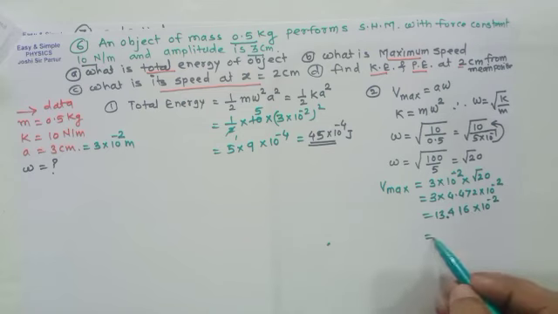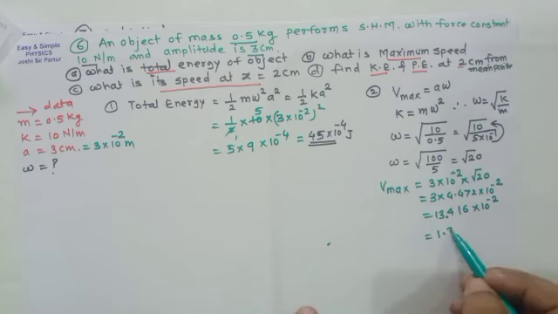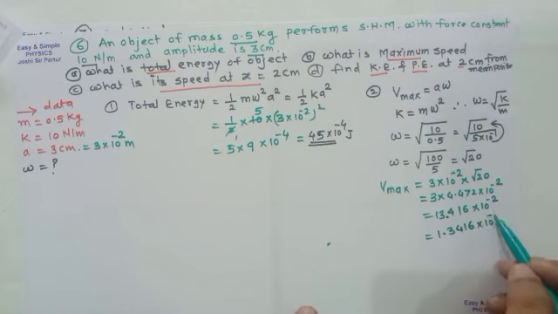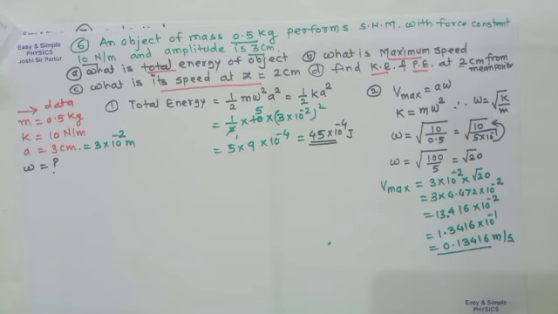So it will be 1.3416 into 10 raised to minus 1, or 0.13416 meter per second. That is the maximum velocity.